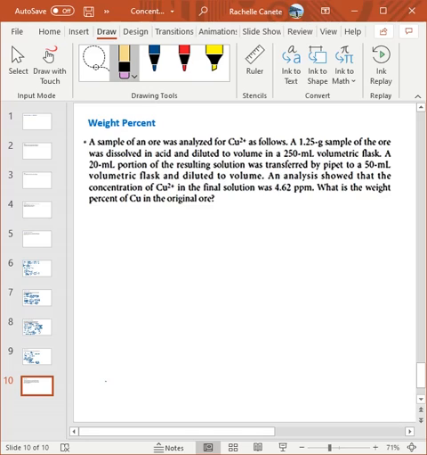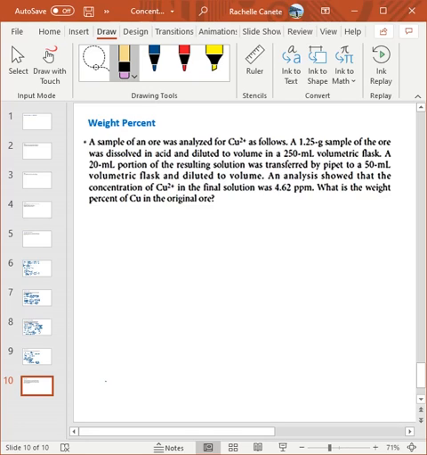I make a diagram to see the flow of the process, and also to know which data are important and useful in the calculation. And again, this really takes practice, so that on first read you already know which ones are important and useful in the calculation.